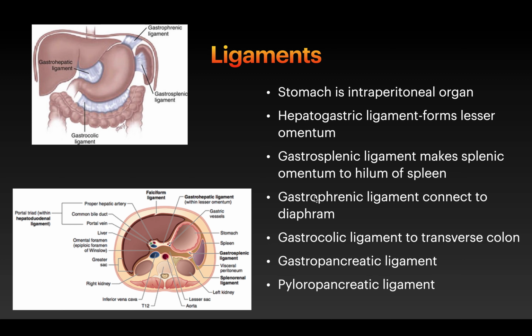The gastrophrenic ligament will connect to the diaphragm, of course. The gastrocolic ligament will connect to the transverse colon, and then there's going to be the gastropancreatic and the pyloropancreatic ligament. So the stomach is actually held quite well in place.